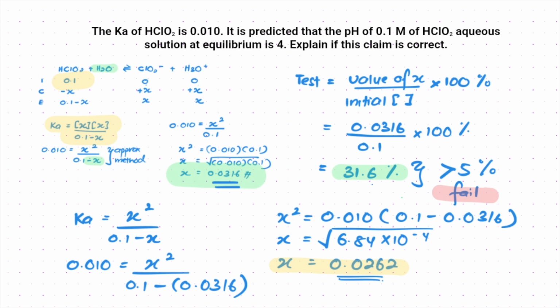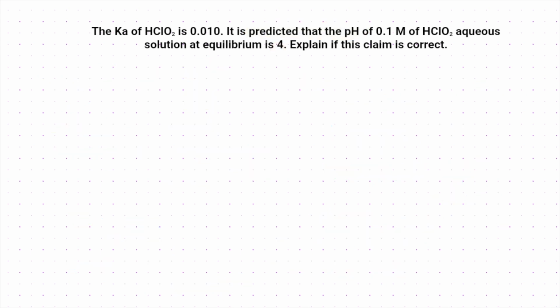Moving on, we are going to look at the question again. It is predicted that the pH is equivalent to 4. In order for you to know the pH, you need to know the concentration of your hydroxonium. Therefore, your hydroxonium is equivalent to X. So the concentration of your hydroxonium is 0.0262.